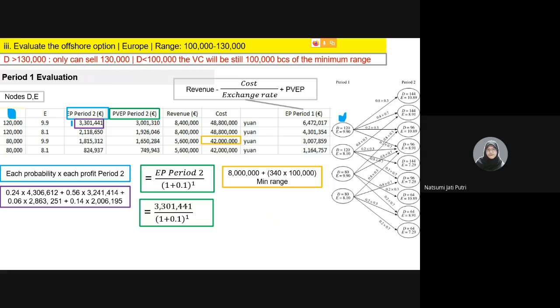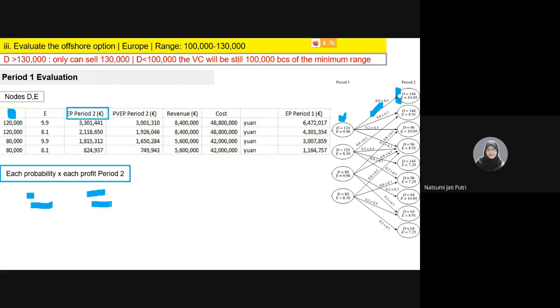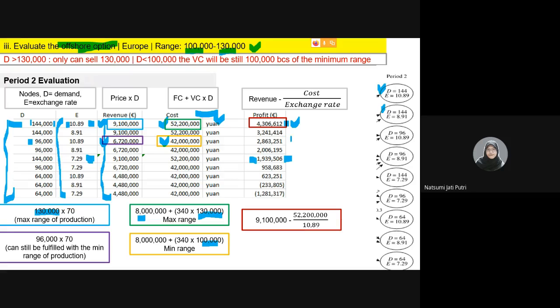After that, we compute again the expected profit for period 2 from the previous table, by each probability times each profit in period 2. Also the same, the probability here times the profit in these nodes. The profit here we get from the table here.